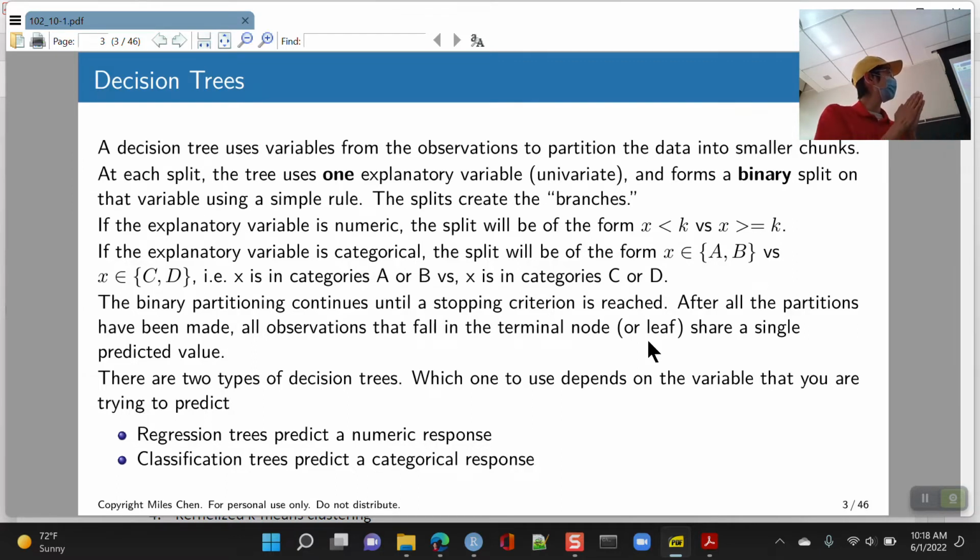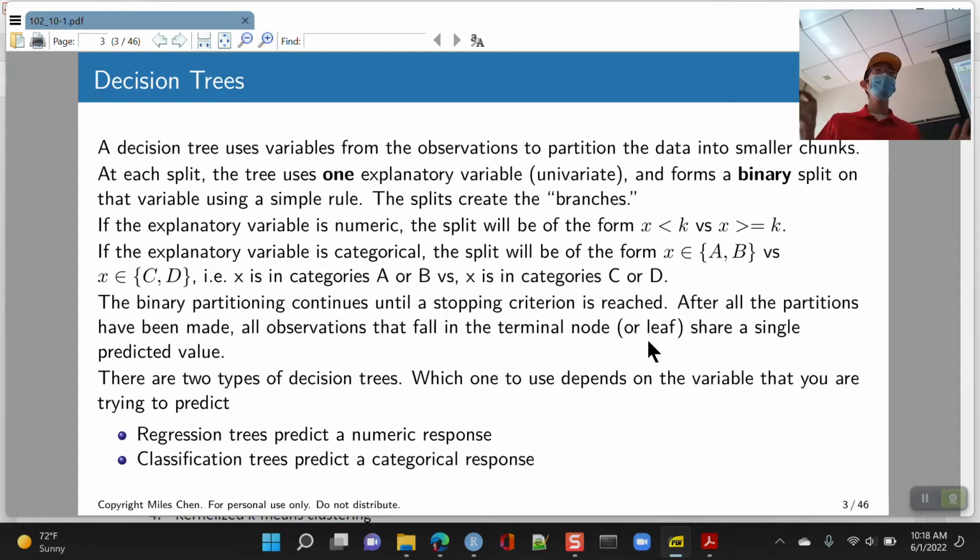And the way we do this is we partition the data into smaller chunks, okay? And the way we partition it is we use one explanatory variable and it forms a binary split, okay? And this creates branches.